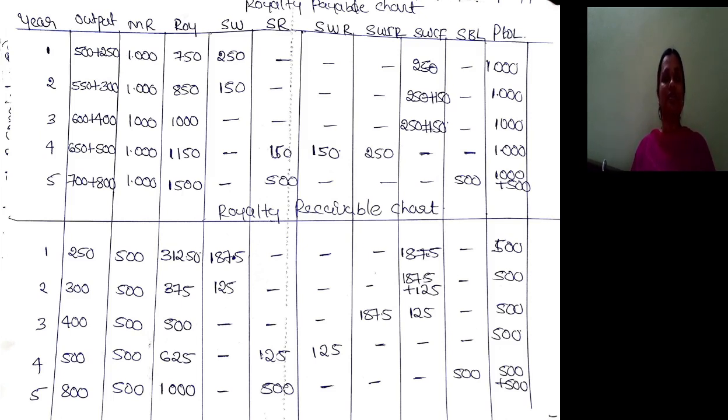The third year resembles the third situation, that is, royalty is equal to minimum rent. The fourth year represents the fourth situation, where there is excess and the excess is used to recoup short working, and the fifth year resembles the fifth situation, where there is excess and the excess is not used to recoup short working. This should be taken care of while preparing accounts.